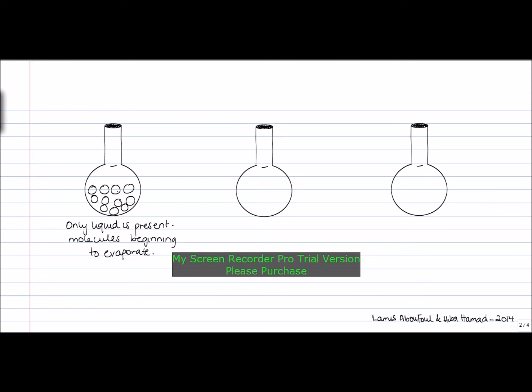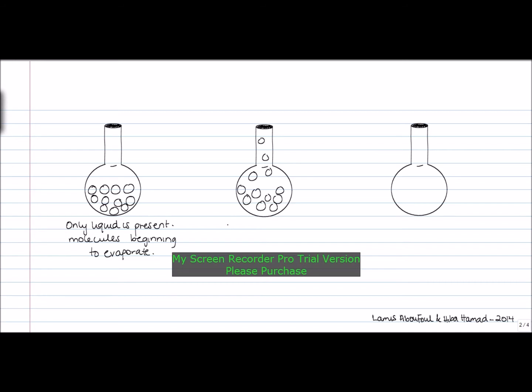Over here, they're further away from each other. And in the second one, let's say that the molecules are very close to each other at the bottom, so they're in a liquid, and they're starting to evaporate over here. So this part is a gas, and this part is still a liquid.